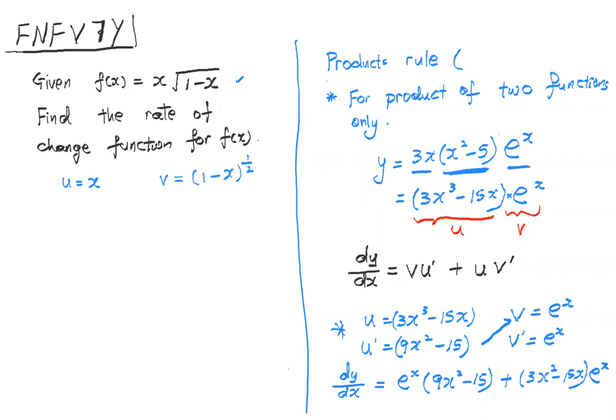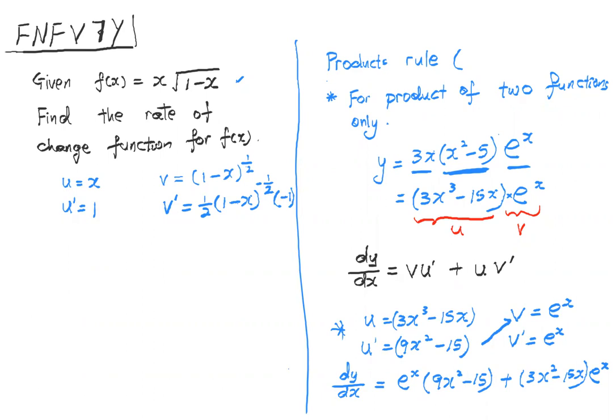So I differentiate. I find the rate of change of u, that is 1. I find the rate of change of v: multiply by the power, copy down the whole thing, power take away 1, times by the rate of change of whatever in the bracket, that is negative 1.